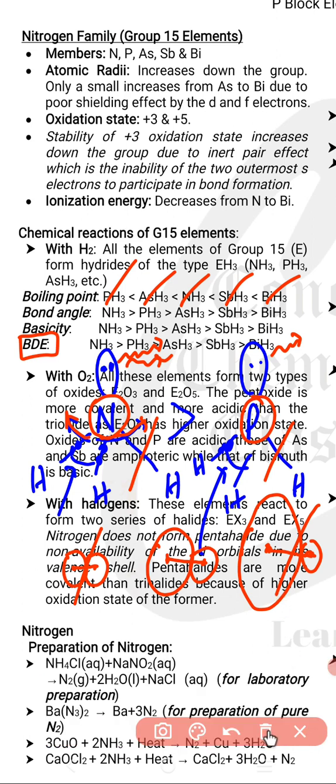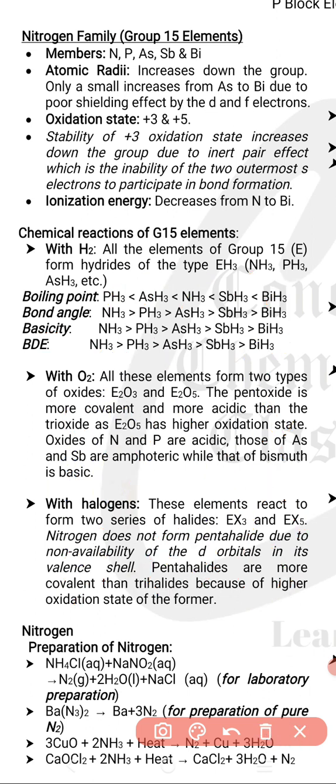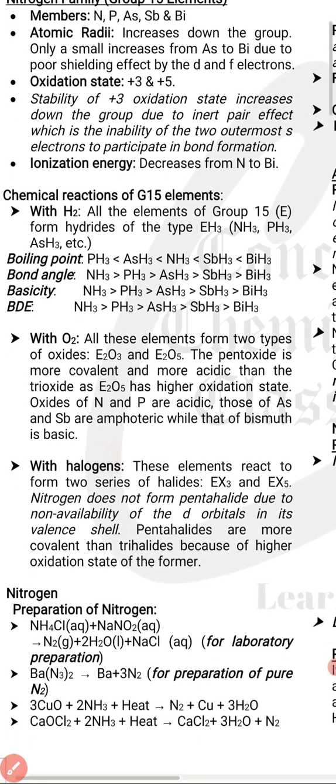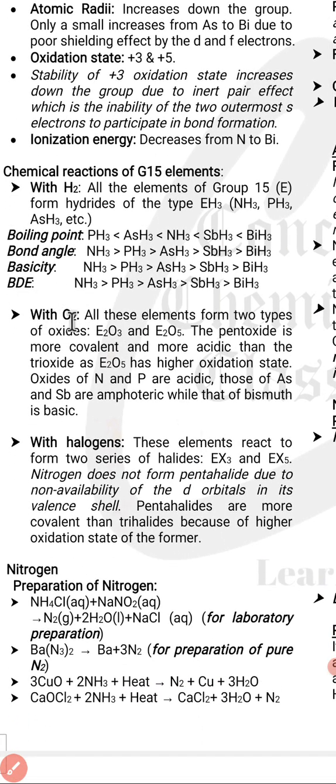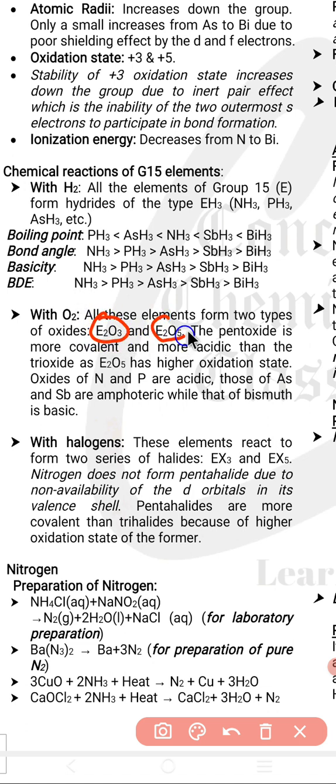Okay, now let me come to the next property, that is reactivity with oxygen. With oxygen, these elements of group 15 form oxides of two types, E2O3 and E2O5.